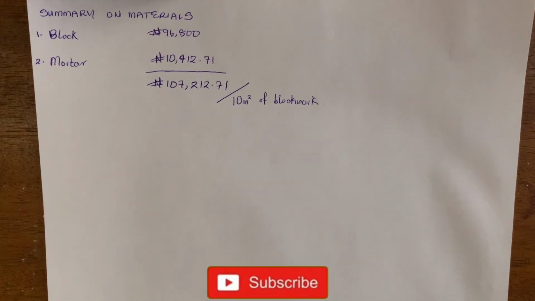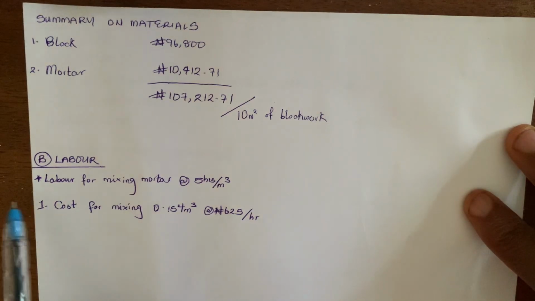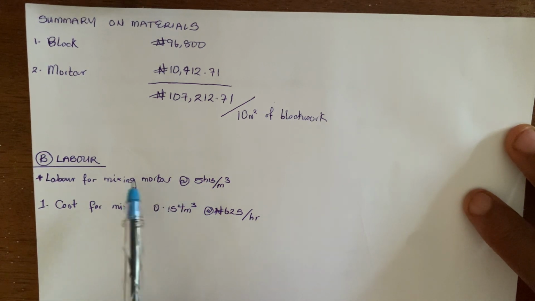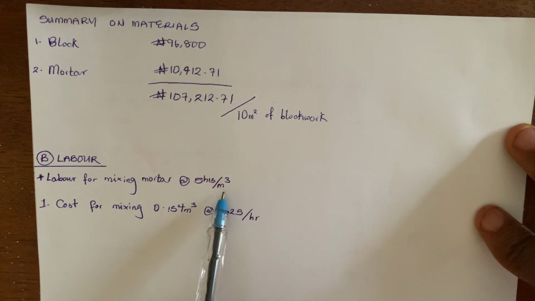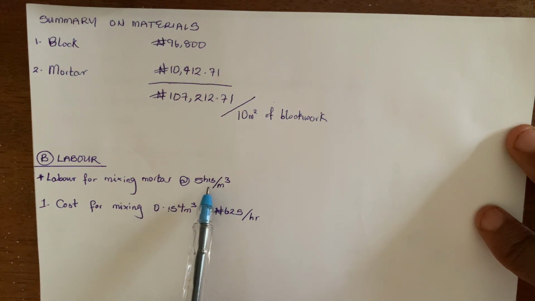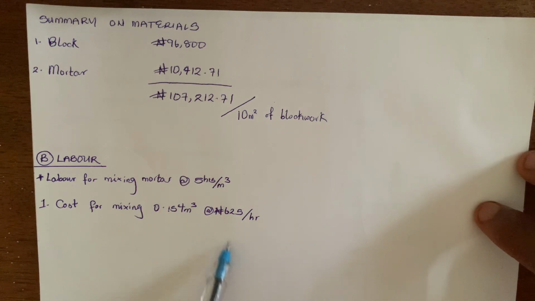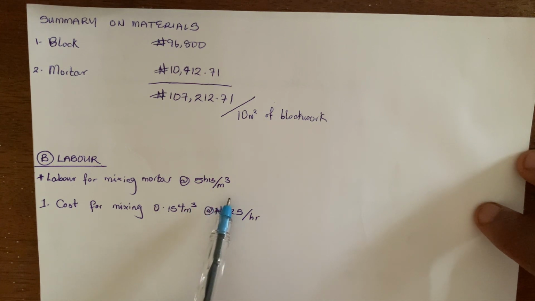So after doing this, we will now go to our labour. So we're going to be starting with the first operation, which is the labour for mixing mortar. And in our specification, it is stated that to mix 1 meter cube of mortar is going to take 5 hours. But remember, to lay 10 meters square of blockwork, which we are using as the basis of this build-up, it will not require 1 meter cube of mortar.